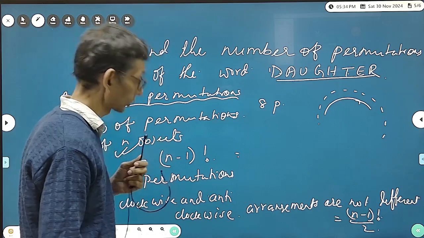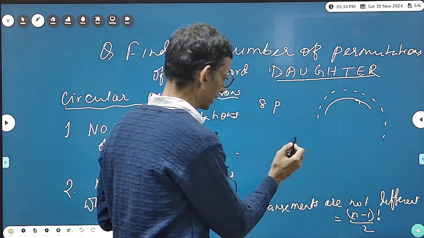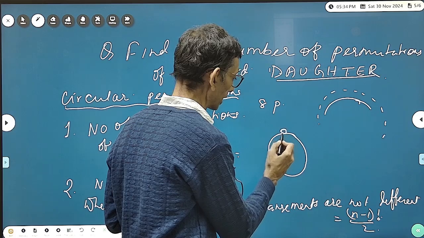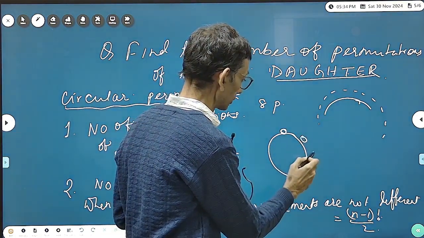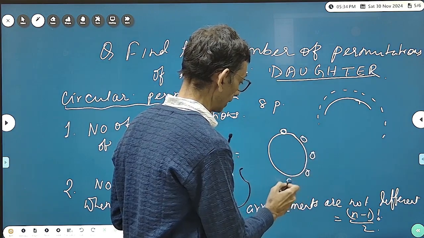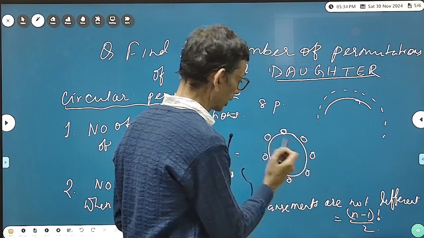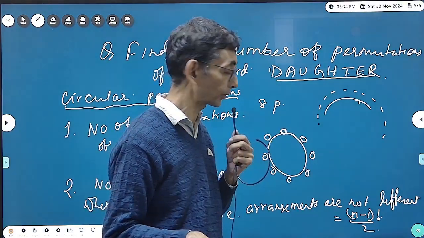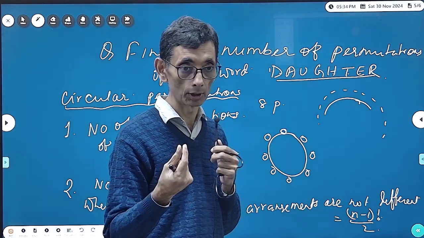Okay. In case of 8 persons, if we seat them in a circle, one boy has to sit first, right? Then the others sit on one side. The arrangement on one side and the arrangement on the other side are obviously different because all are different. But if we form a necklace with beads, the beads are all unique.